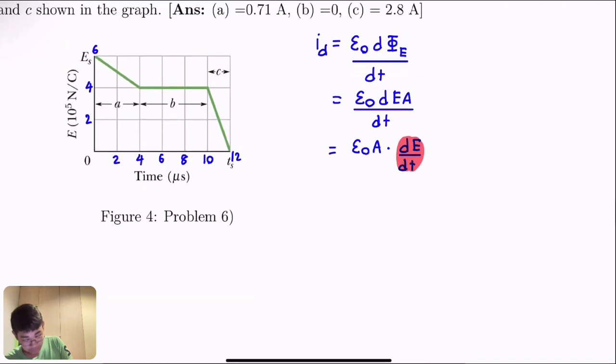First, I_DA. We want to find only the magnitude, so we put absolute value here.